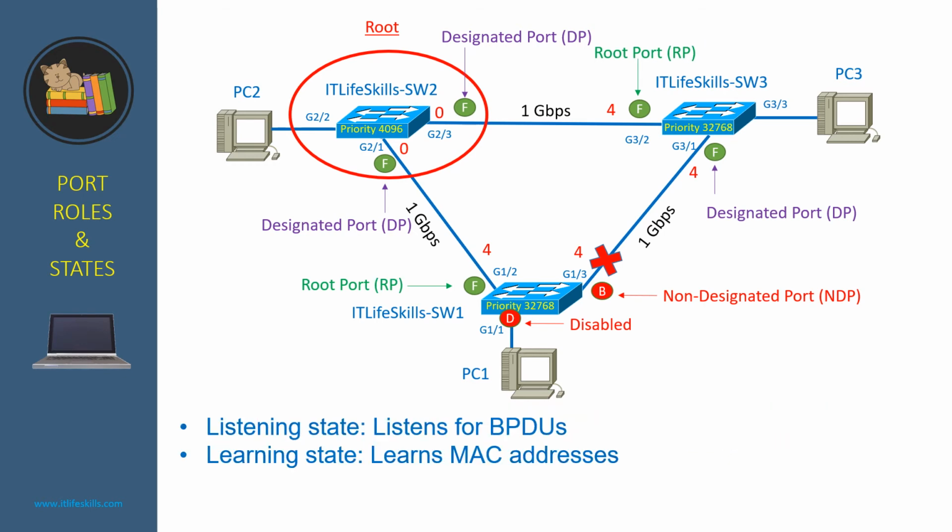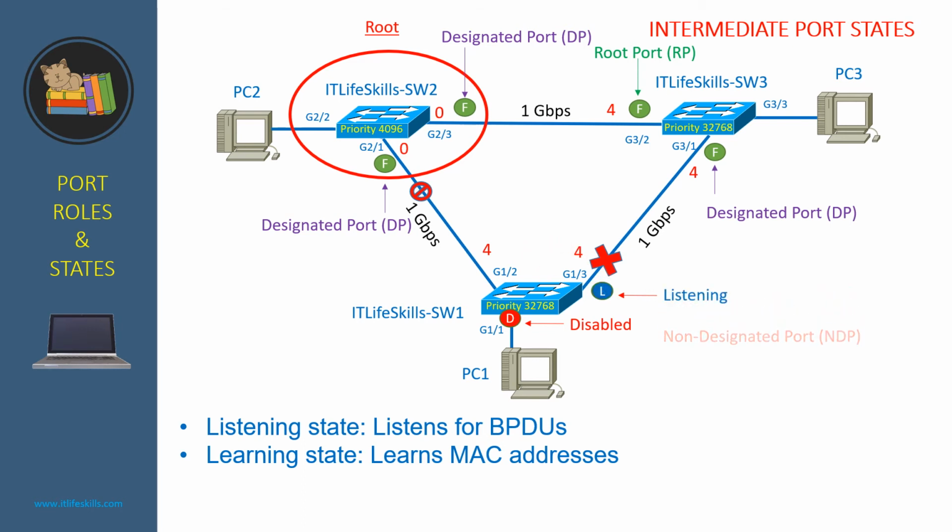STP also maintains two intermediate port states to allow a non-designated port to transition from blocking state to forwarding state safely. For example, if an issue happens to the link between IT Applied Skill Switch 2 and IT Applied Skill Switch 1, thus causing Switch 1 to stop receiving BPDUs from Switch 2, Switch 1 will perform STP recalculation and transition its port Gi0/3 from blocking state to listening state.